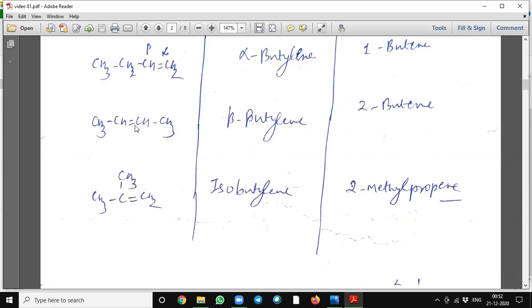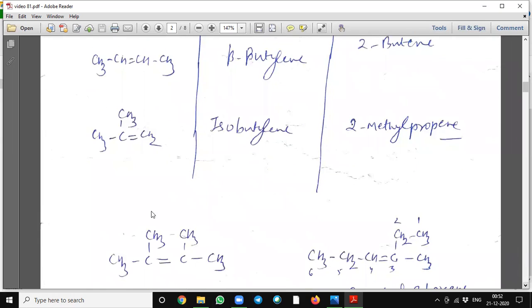This one has the double bond between the second and third carbon, it is called beta butylene, common name, and IUPAC name is 2-butene. This molecule is isobutylene, its common name, and IUPAC name is 2-methylpropene.